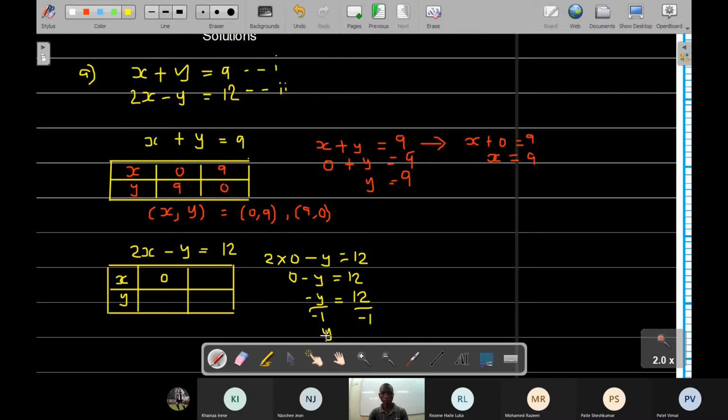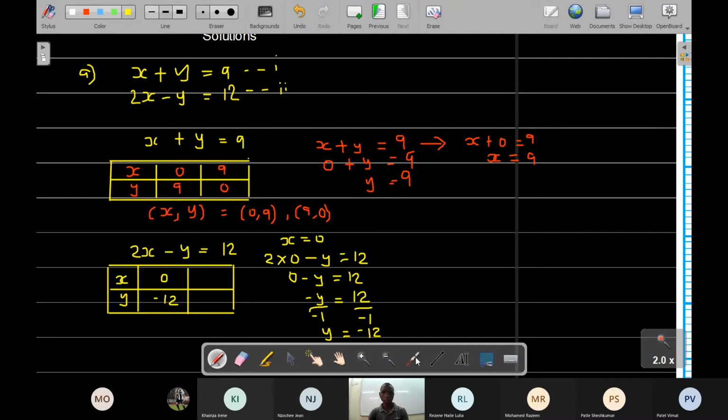Negative by negative goes, so the remaining is positive y, equal to 12 divided by negative 1, which gives negative 12. So the value of y is negative 12. You write it in that column. That is when x is 0, y is negative 12. So here you are substituting x as 0.